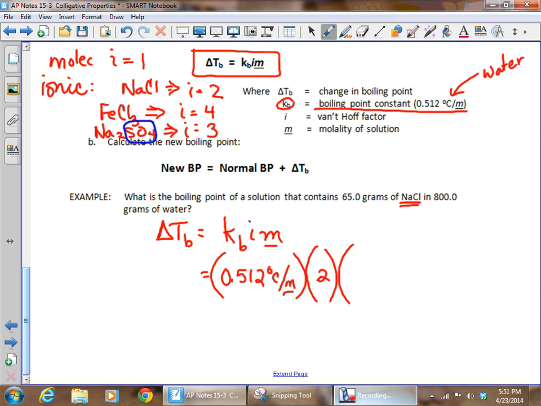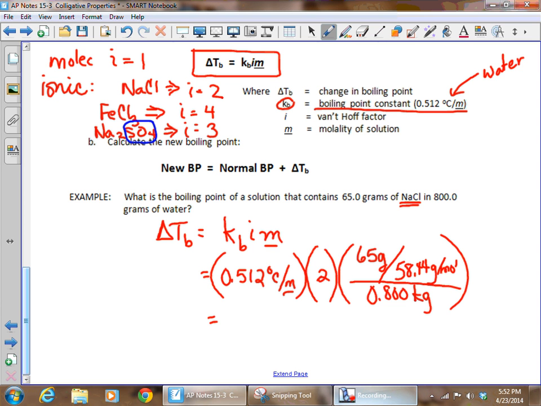It told us that we had 65 grams of the solute. The molar mass of NaCl is 58.44 grams per mole. And it told us that we have 800 grams, or 0.800 kilograms of our solvent. So there's the setup.